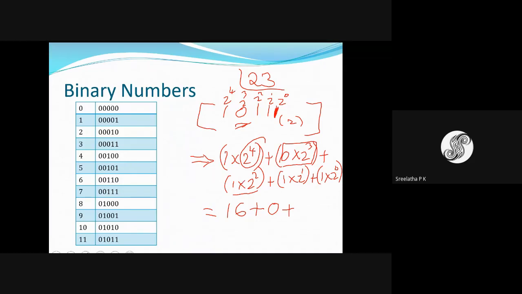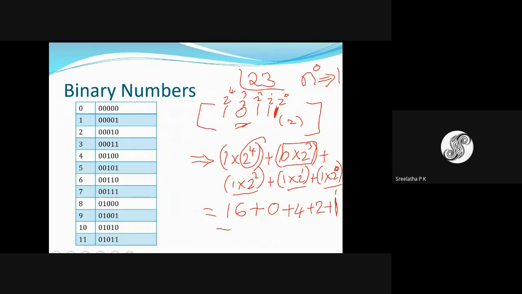It is 4. Plus 2 power 1: 1 into 2 power 1 is 2. Plus 2 power 0: 1 into 2 power 0. Anything to the power of 0 is 1. Fine, so 1 into 1 is 1.